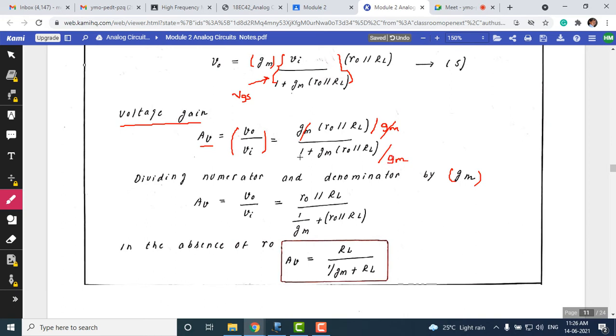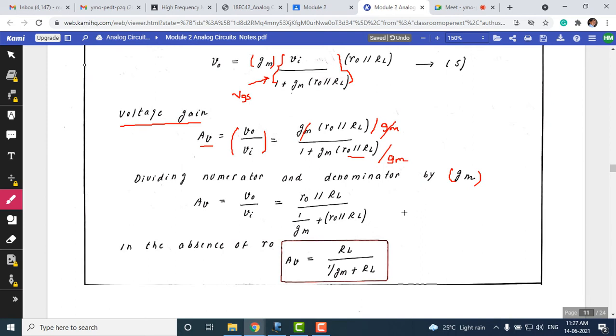In the denominator, the 1 becomes 1 by GM, and in the second term the GM cancels, leaving R naught parallel with RL. So the final equation for AV after this alteration is V naught by Vi equals R naught parallel with RL divided by 1 by GM plus R naught parallel with RL.